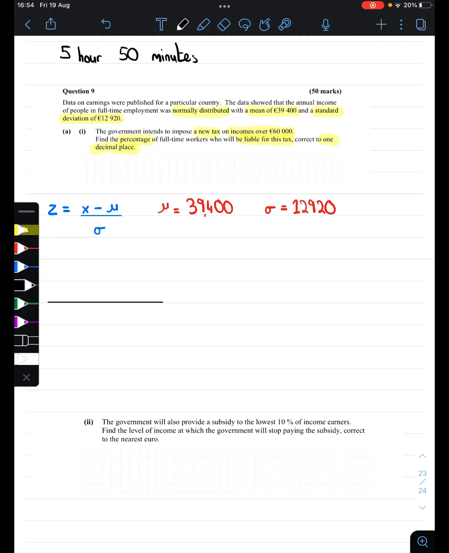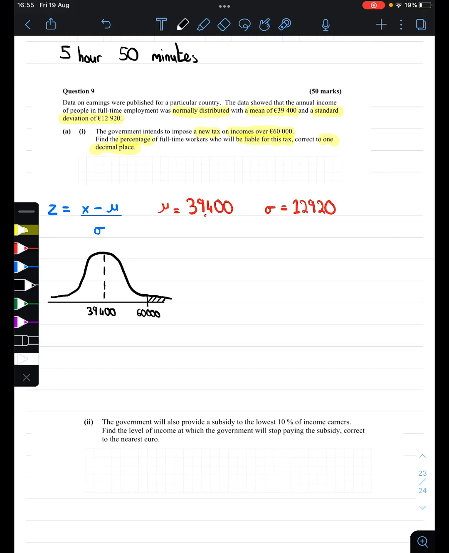So if we have this normal curve, something like this, with a mean at 39,400, and let's say this is 60,000 here. We are looking for the percentage of people who lie here.